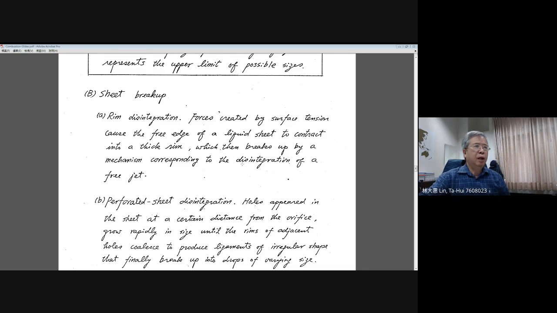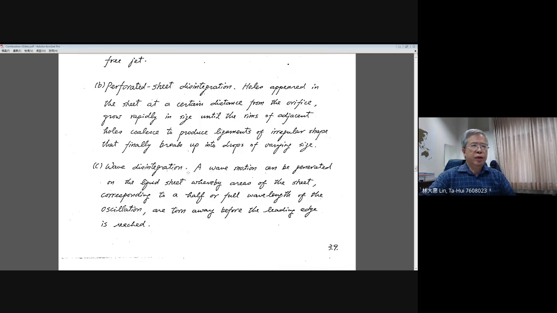Unfortunately, we do not have a proper theoretical prediction on sheet breakup. We can just give you some descriptions, especially of the physical appearance of the different kinds of breakup mechanism for a large liquid jet.